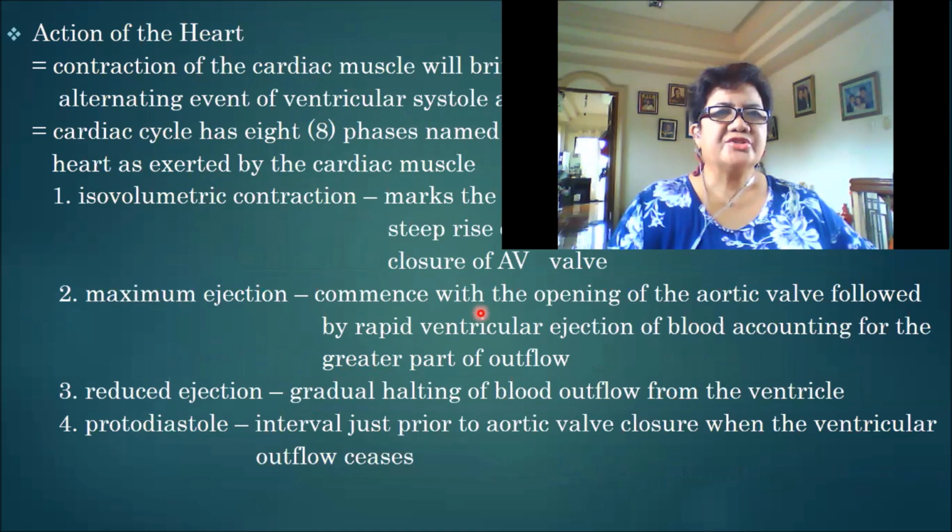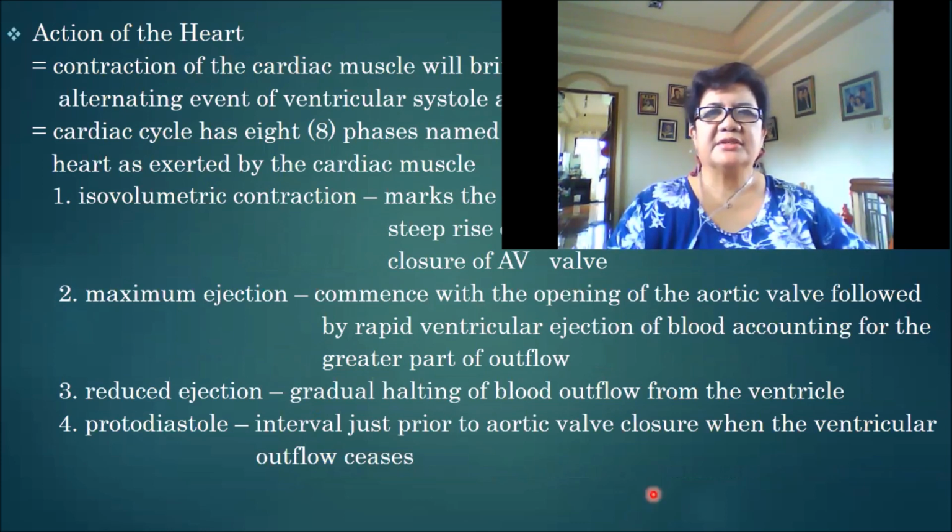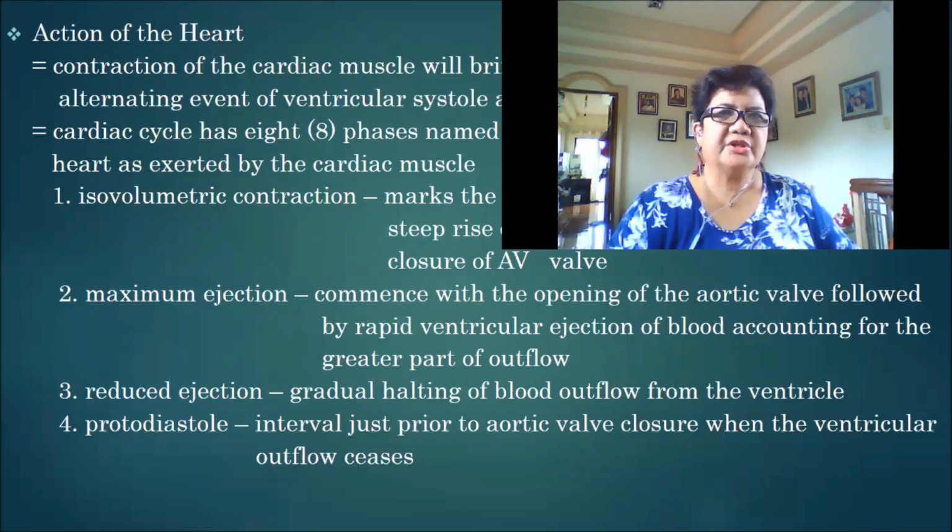We'll go to the action of the heart. Here, there is a contraction of the cardiac muscles, and it will initiate the cardiac cycle, which is the alternating event of ventricular systole or contraction and ventricular diastole or relaxation.